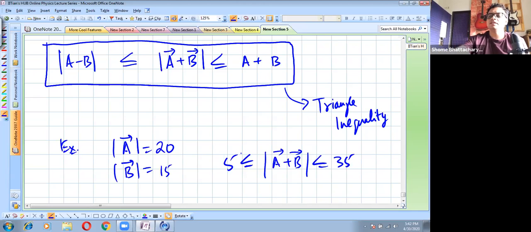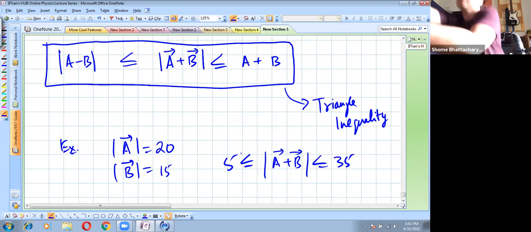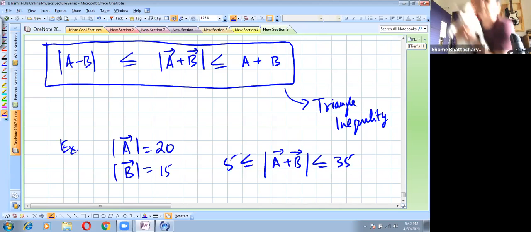Whatever the angle theta, it has to lie between 5 and 35. If I say that for these two vectors the magnitude of A plus B is 2, that means my statement itself is wrong. There's no angle theta for which the magnitude can become 2. Understood the point? So I'm just going to minimize this so that you can note this down.